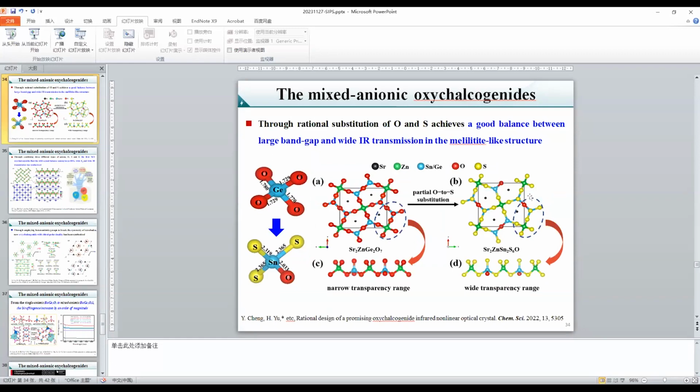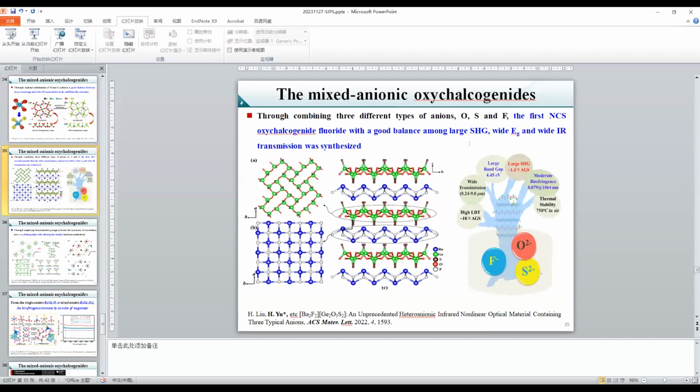So we do some research on oxychalcogenides through rational substitution of oxygen and fluorine. We synthesize some malachite-like structures. They can better balance the band gap and IR transmission, and we also combine oxygen, sulfur and fluorine, and we synthesize a fluoride with a good balance among the SHG, band gap and IR transmission.